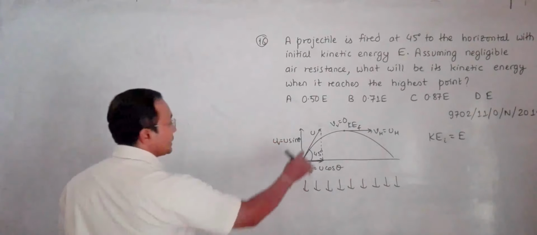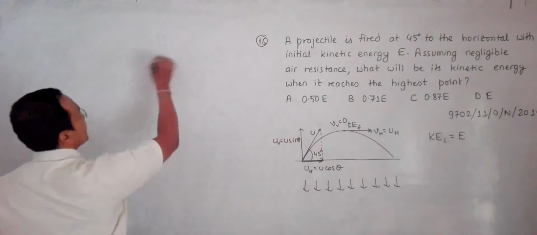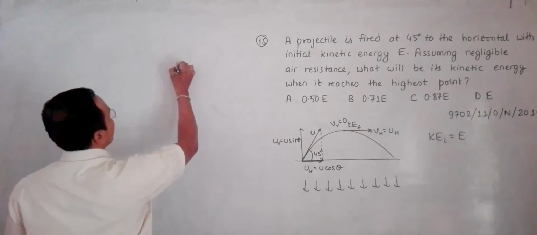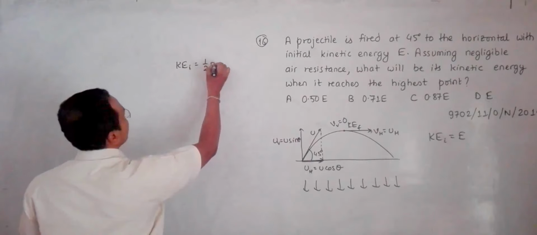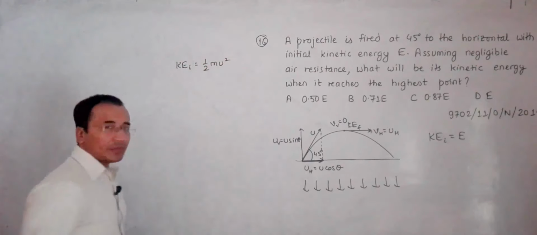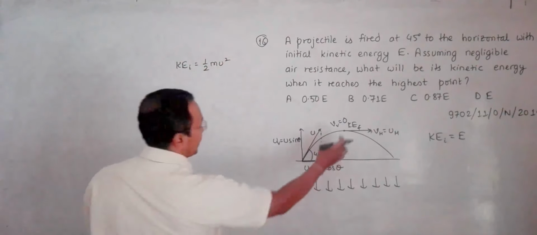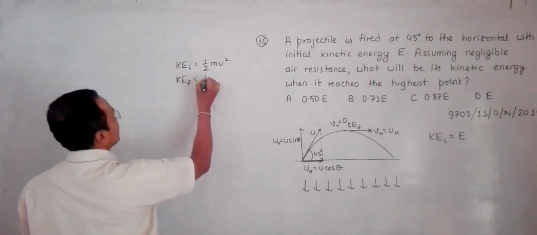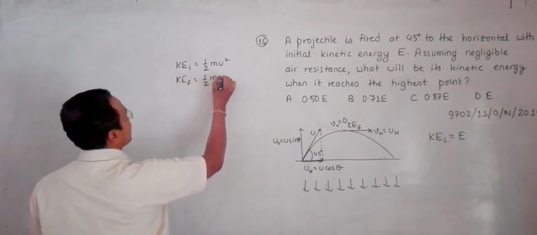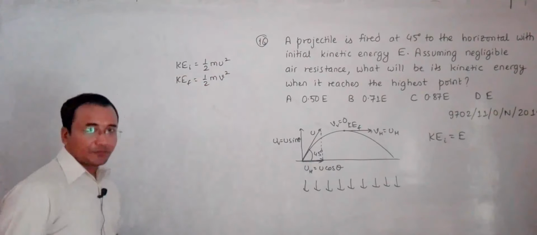So let's see here. The initial KE is equal to 1 by 2 m u squared. Now the KE final is equal to 1 by 2 m V squared.